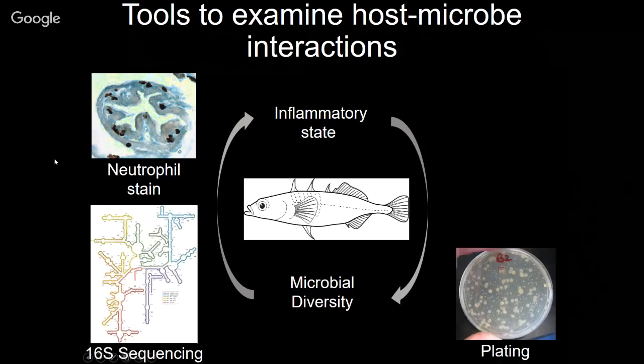We can look at the microbial community with 16S pyrosequencing, which I'm sure many of you are familiar with at this point, but it's just sequencing this gene that's found in bacteria. It's also similar to the mitochondrial gene, but we've messed with the primers that we use to be able to identify bacterial 16S genes as opposed to stickleback 16S genes.